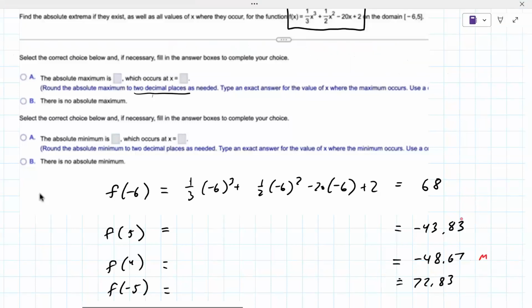This is the min and this is the max. The way to answer this, sometimes figuring that out is the difficult part. So the absolute maximum is 72.83, so you hit that first radio button, and it occurs when x is -5. And then the absolute min is -48.67 when x is 4.